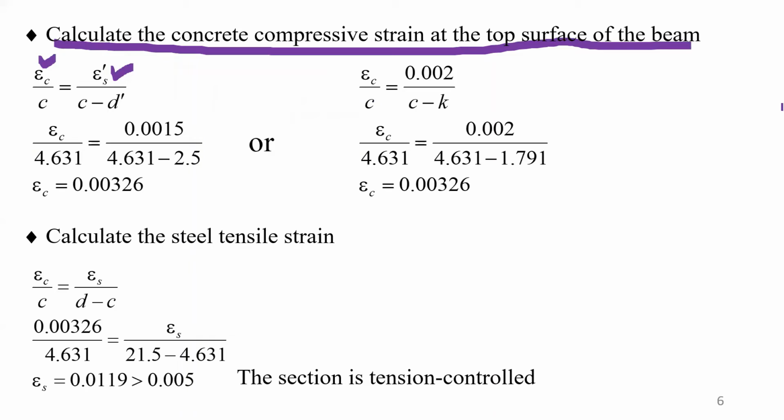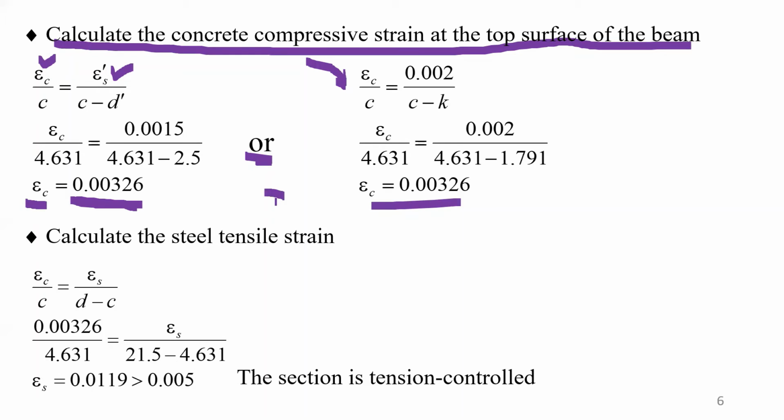Now, if we substitute for these values, we will get the concrete compressive strain at the top surface of the beam, epsilon c. It turns out that this value is equal to 0.00326. Or we can use this equation: epsilon c over c must be equal to 0.002 over c minus k.